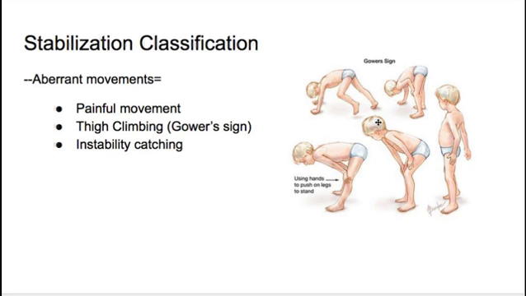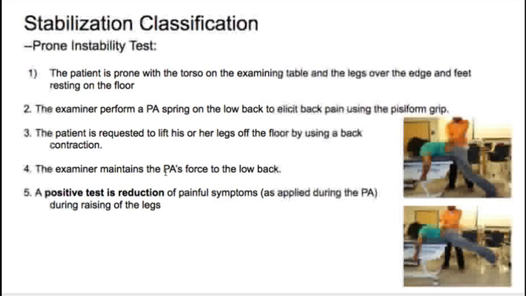We can see that illustrated here. Now, they may also have an instability or catching sensation that they have to move through, and once they've moved through that, then they have less pain. Those are all what we would classify as aberrant movements and would mean that the stabilization category of exercises may help them.